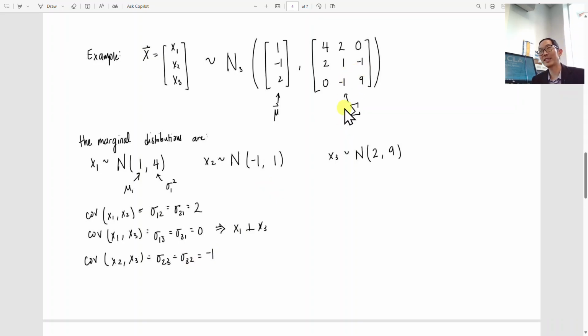That's possible. x2 has covariance with x1 and x2 has covariance with x3, and that's fine. But x1 and x3 are independent of each other, and that's also okay.